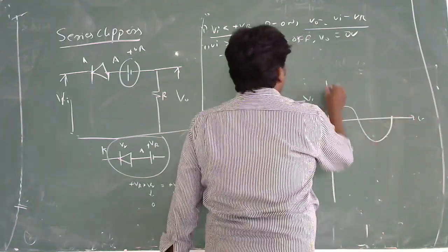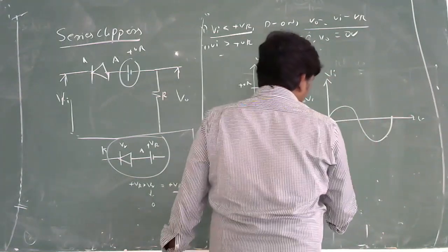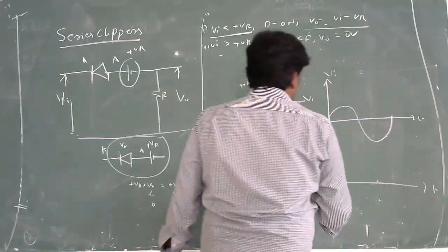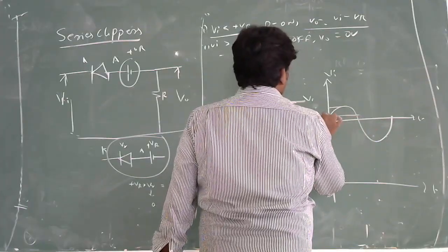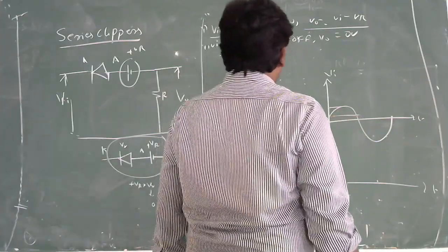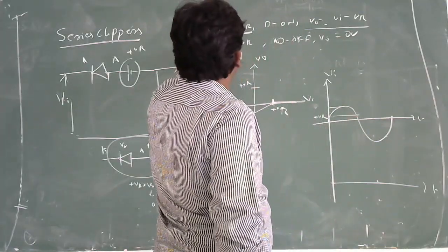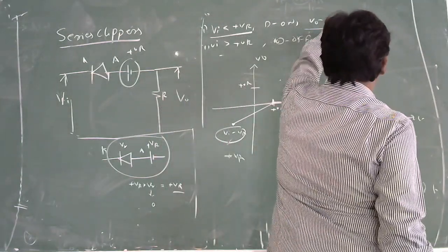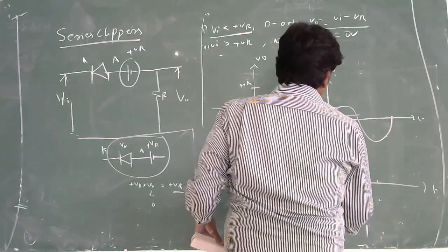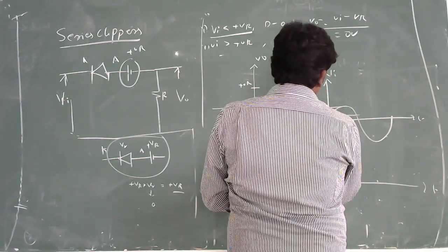Positive cycle and negative cycle. This one is Vi, and we have the time axis. This one has the plus V reference voltage. When you consider Vi less than VR, then the output follows Vi minus VR. Just observe here like this.